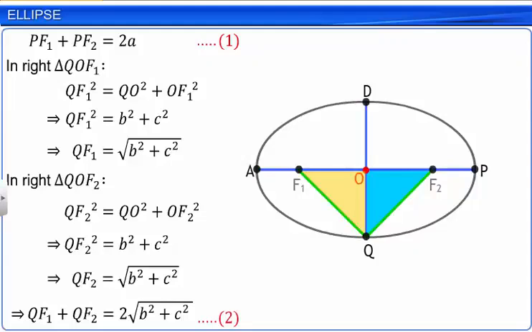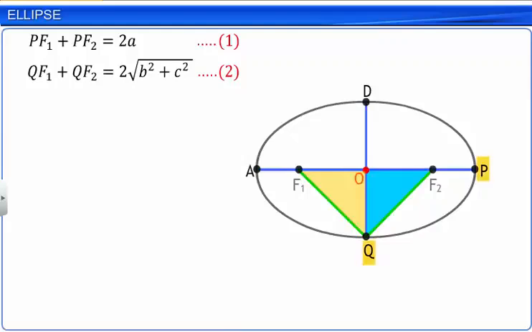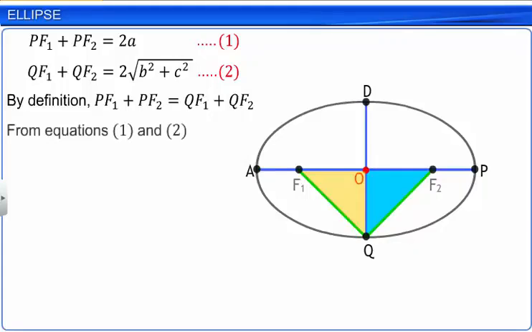Since both points P and Q lie on the same ellipse, by definition, the sum of their distances from foci F1 and F2 must be the same. Substituting the values of PF1 plus PF2 and QF1 plus QF2 from equations 1 and 2, we get 2a is equal to 2 into under root b square plus c square.